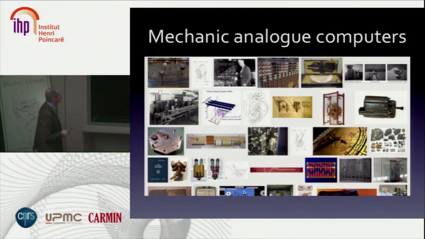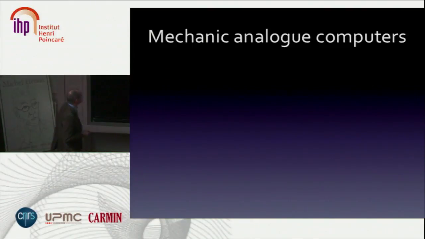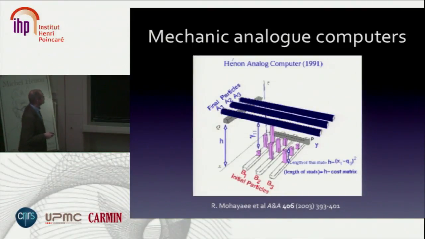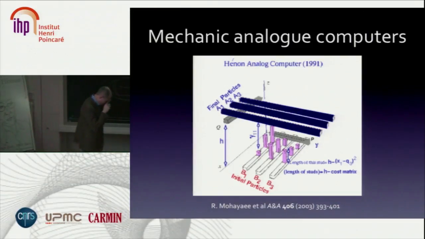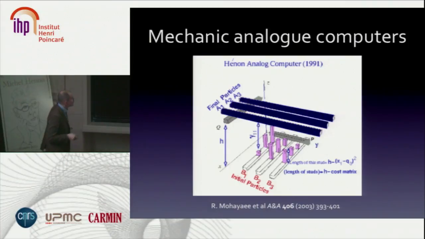This is actually a figure from a 2003 paper of Roy Mohoyai. Here we can see it in detail, which illustrates one of these analog computers invented by Michel for the purpose of solving a problem in mathematical programming, which is called the transportation problem.